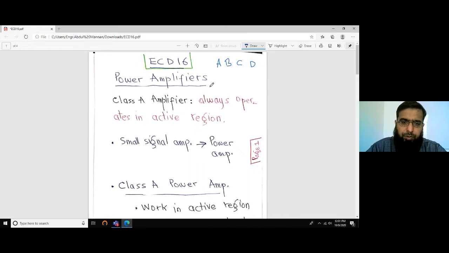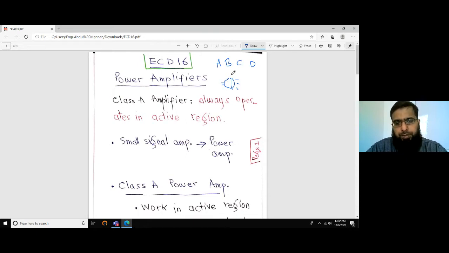The difference between the small signal amplifiers that we have been studying in our previous course EDC and these power amplifiers is that they are used to supply power to the load, and these are actually connected in the output stage of a cascade of a multi-stage amplifier chain, and they're used to drive a speaker most of the time.